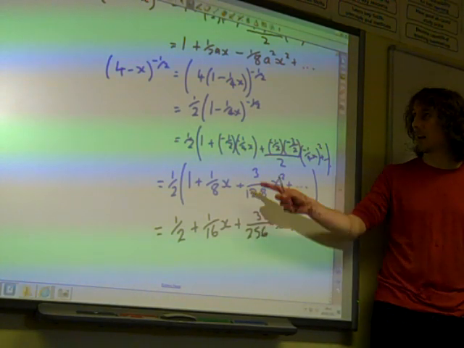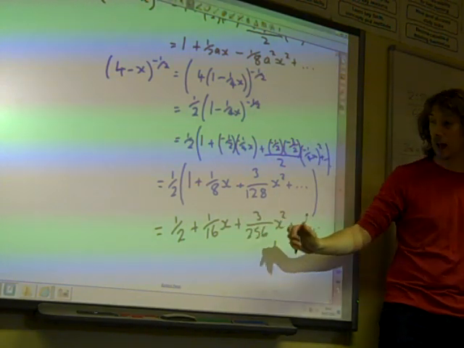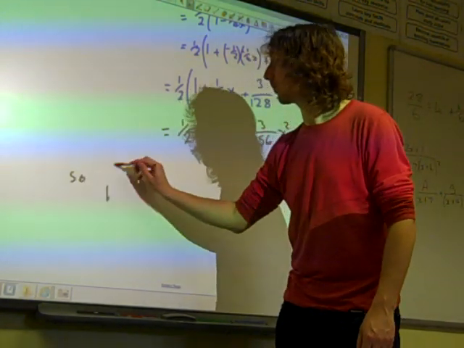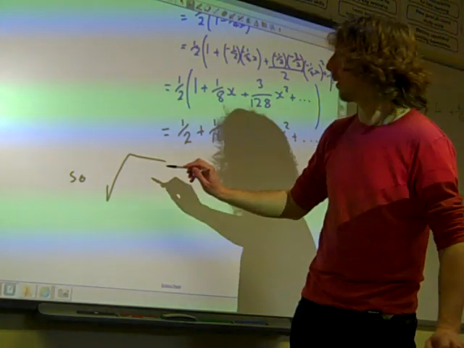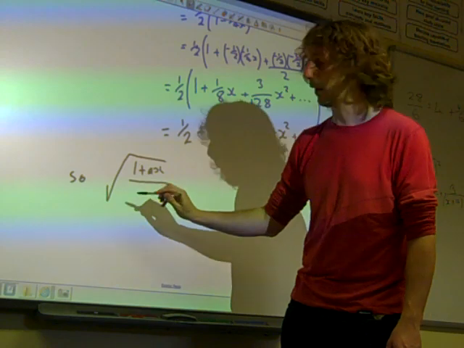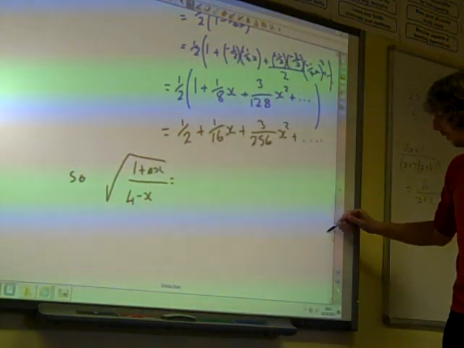And these are the two things that we've got to multiply together. So we end up by saying that the square root of 1 plus ax over 4 minus x is equal to these two things.